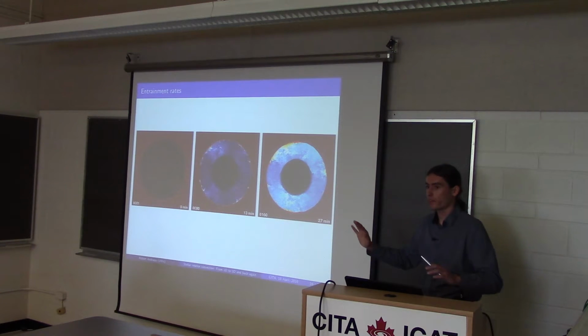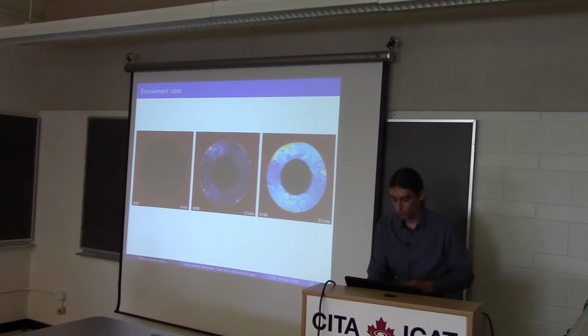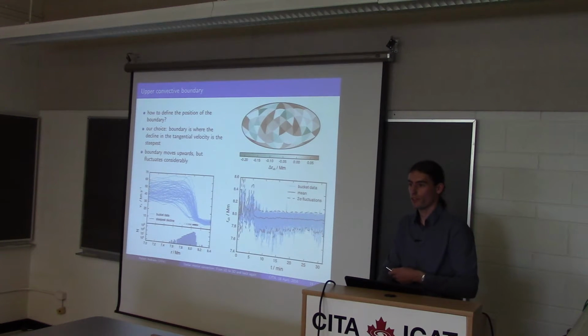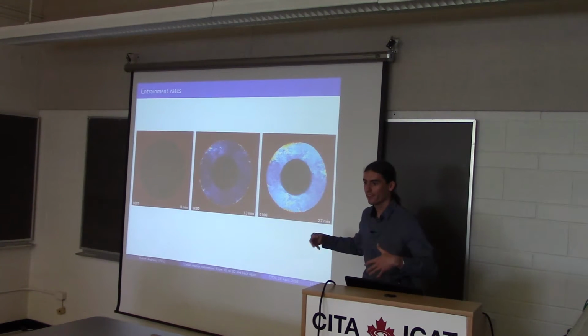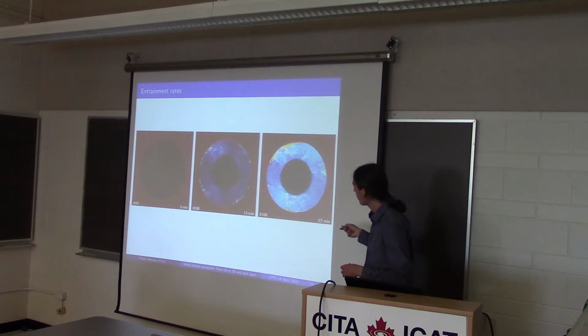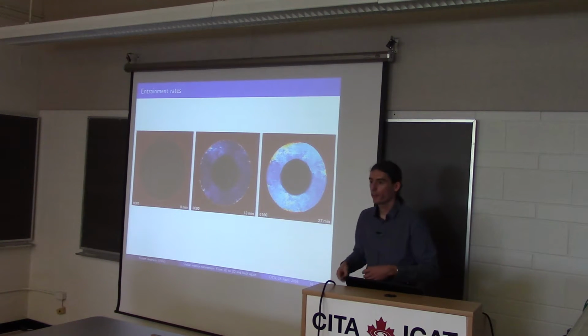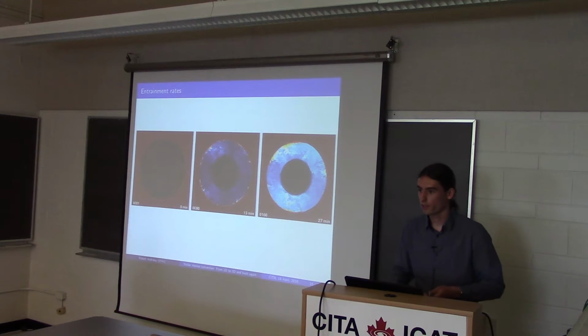But one of the things that is clear, you could perhaps make some different decisions here and define this position in a slightly different way. But it's clear that the simulation box is being filled, or this convection zone is being filled by the fluid from the top. And the obvious question is how fast.